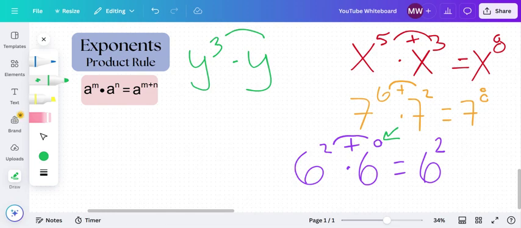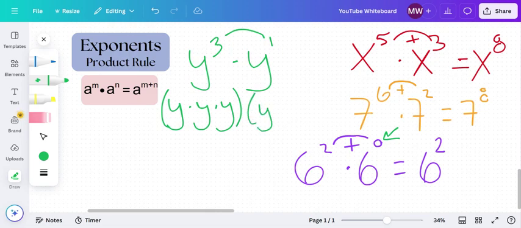So in math, when we don't see a number written there, it really means 1. So we have to count that y, because if I was writing this out, this would be y times y times y, and this one, we still have to count this y here. It didn't go anywhere. There's not 0 y's, there's 1 y. So for this one, I would add 3 plus 1 to get me y to the fourth.